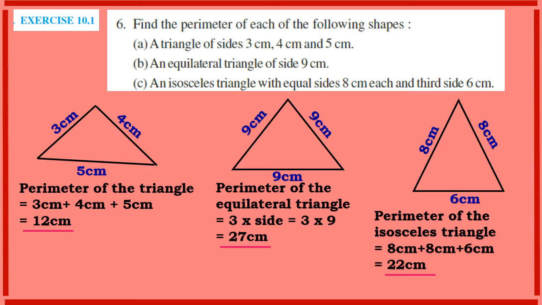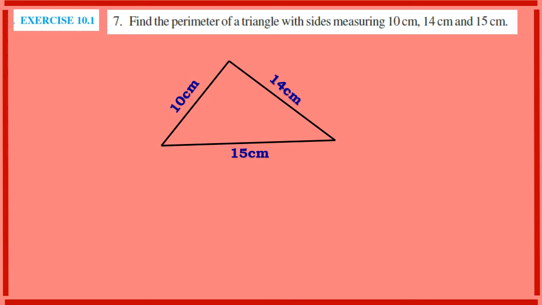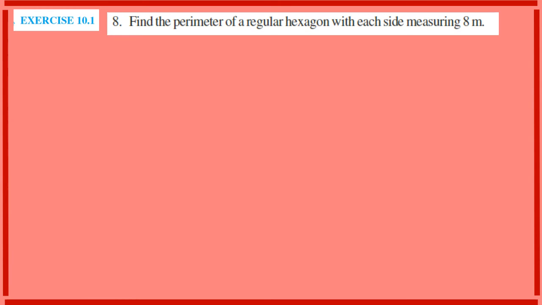Now question number 7. Find the perimeter of a triangle with sides measuring 10 centimeter, 14 centimeter, 15 centimeter. Very simple, just add all the sides. That's all. So it is 39 centimeter. Now moving on to question number 8.